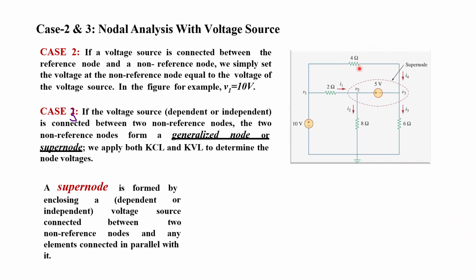In this case, the 4 ohm resistor is not connected between node 2 and node 3, so it will not be considered in the supernode. However, if any element existed between V2 and V3 in parallel with the voltage source only, that would have been included in the supernode surface.